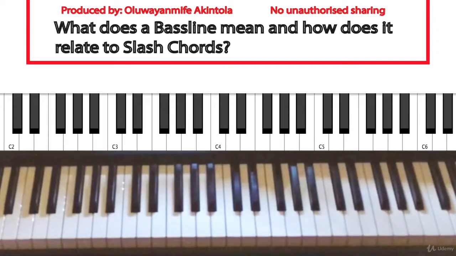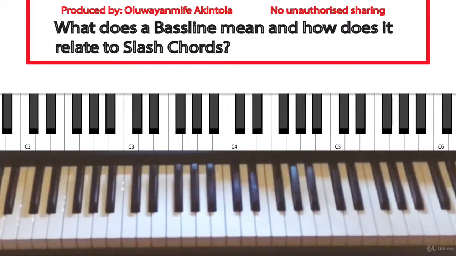Bass lines can move in different directions. So it is possible for you to have a bass line that moves in an ascending direction. So something like this. And it is possible for you to also have a bass line that moves in a descending, that is in a downwards direction. So like this.